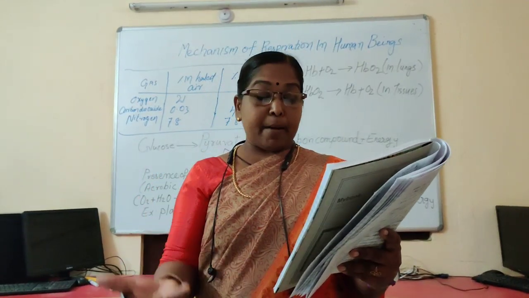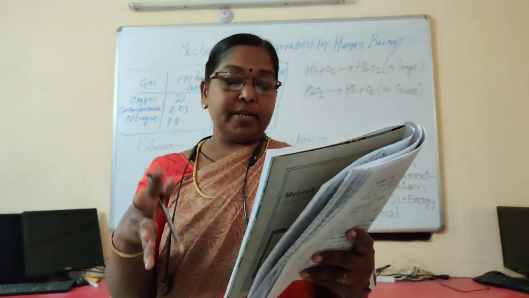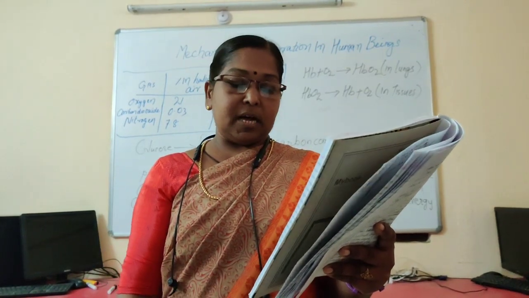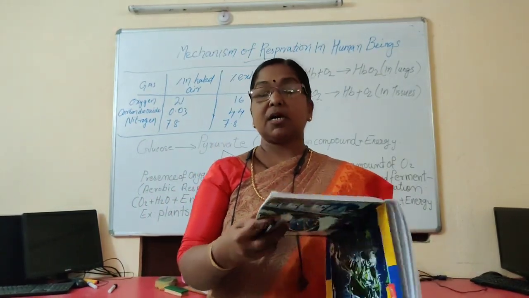Then the relative amount of different gases in air: when air enters the alveoli, there are different amounts of gases. Their combining capacity with hemoglobin and other substances is determined. Some gases can combine with hemoglobin and other substances also. Their transport is via the blood.